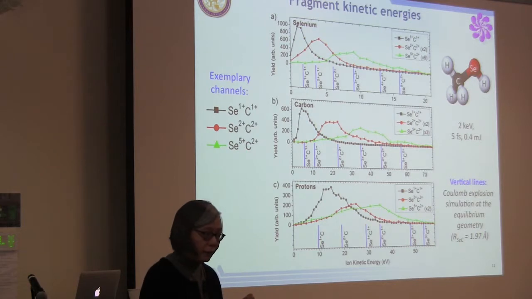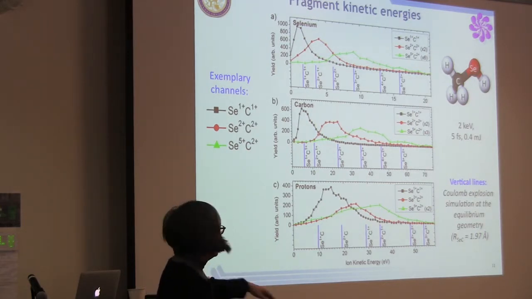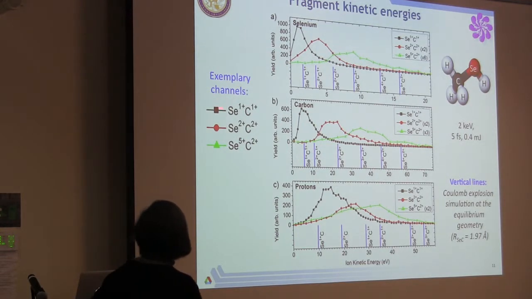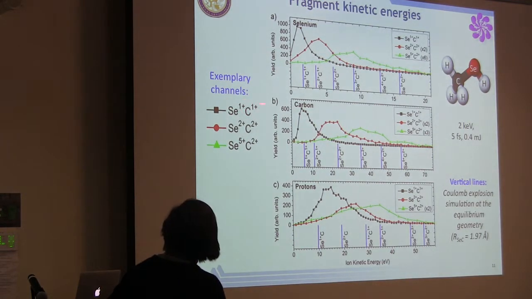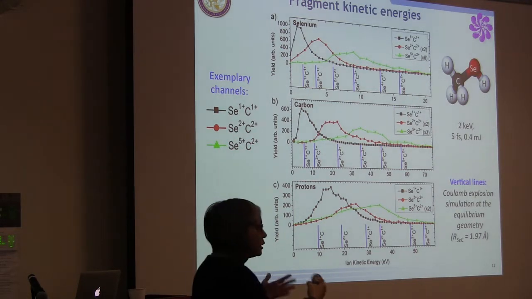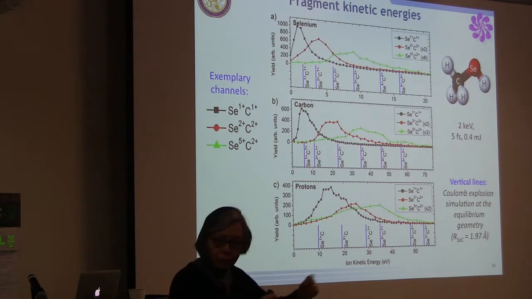That's what is shown in this slide for a number of different channels. So there's the selenium 1 plus, carbon 1 plus channel, and it breaks up into all these different channels: selenium 2 plus, carbon 2 plus, selenium 5 plus, carbon 2 plus. And this would be where there's not as much charge migration from one place to another.